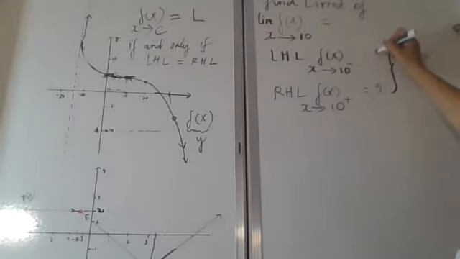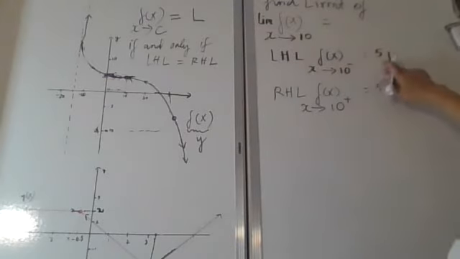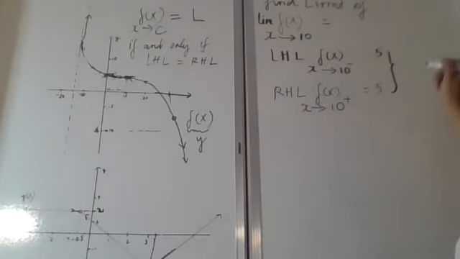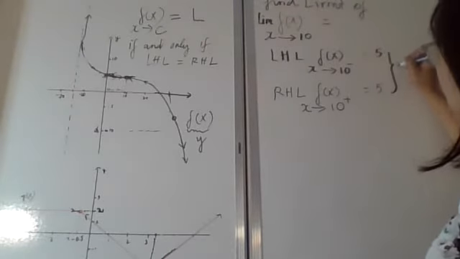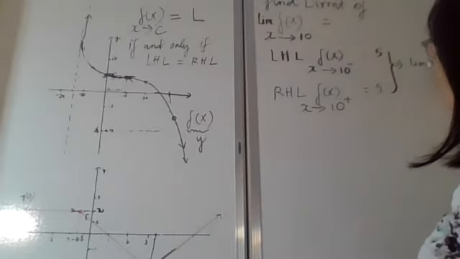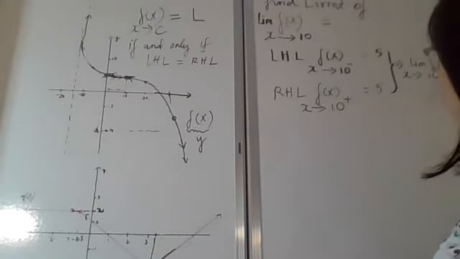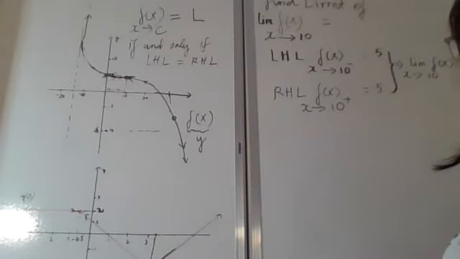We say, the left-hand limit of this function when x approaches 10 is 5. When x approaches 10 on the right-hand side of the function, the value is also 5. So we conclude that, therefore, the limit of f of x when x approaches 10 equals 5, right?